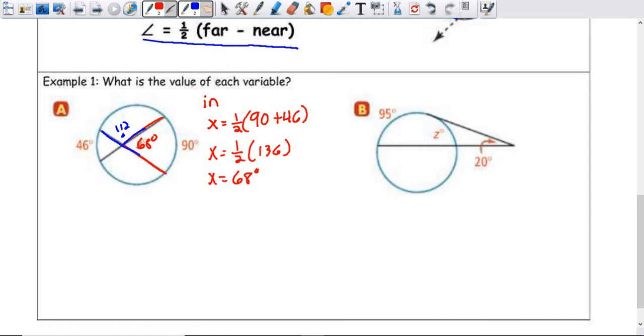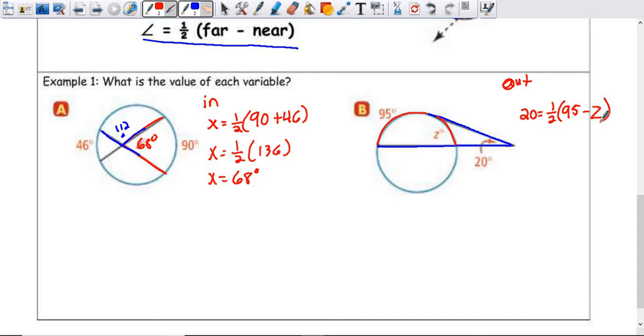Now for this one, we notice that our angle is actually on the outside. So if we're doing outside, we always start with our angle. In this case, our angle is 20, equals 1/2 of far minus near. Our far arc is 95, minus our near arc is z. All right, so if we want to go ahead and get rid of that 1/2, you can distribute it.